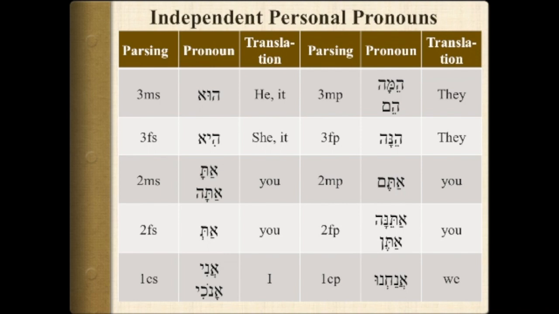Third masculine singular is hu, third feminine singular is hi, etc. And these occur usually as a subject. They are not used to indicate the possessive. They are not used to indicate the object, but rather the subject.